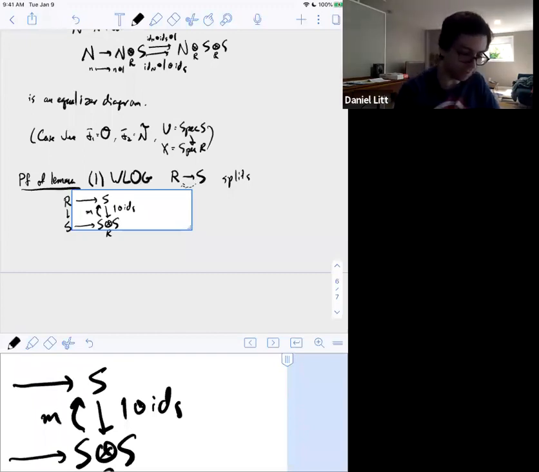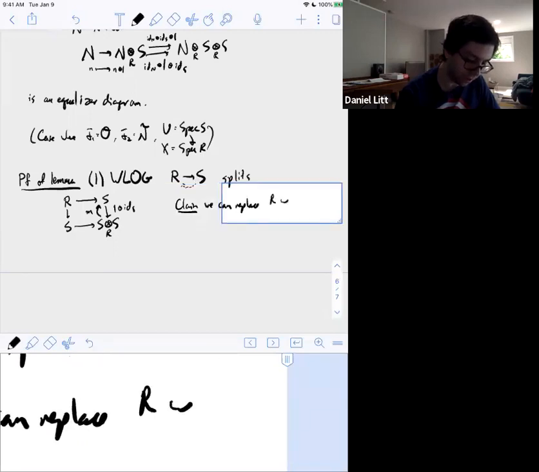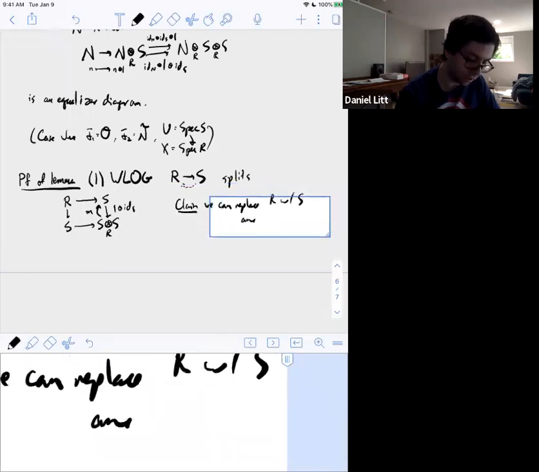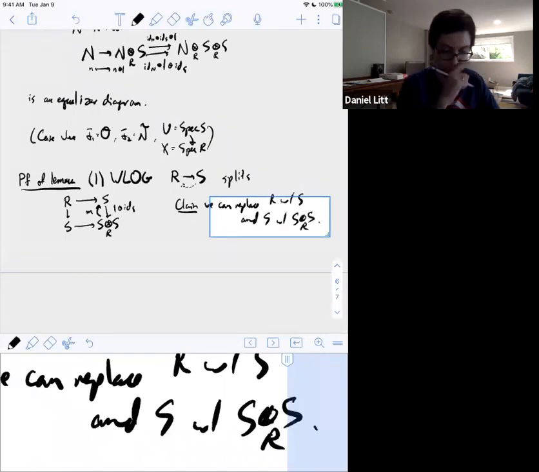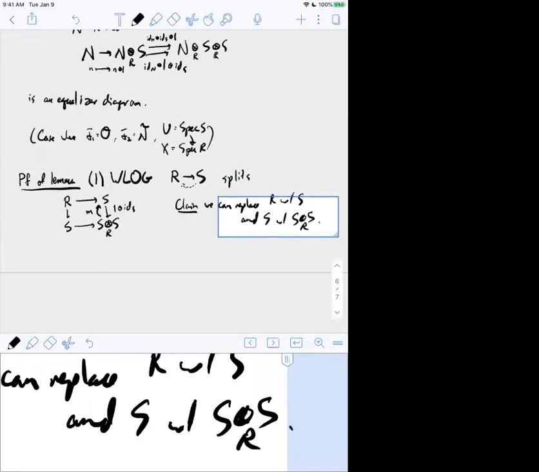So the claim is that we can replace R with S and S with S tensor S over R. Can anyone tell me why we can do that? Because S is faithfully flat, so it's not going to change our exact sequence.